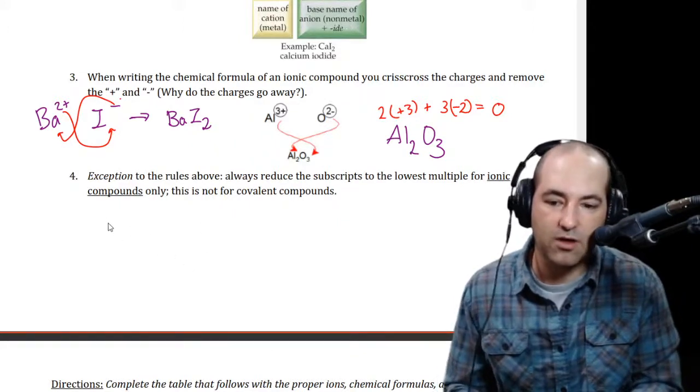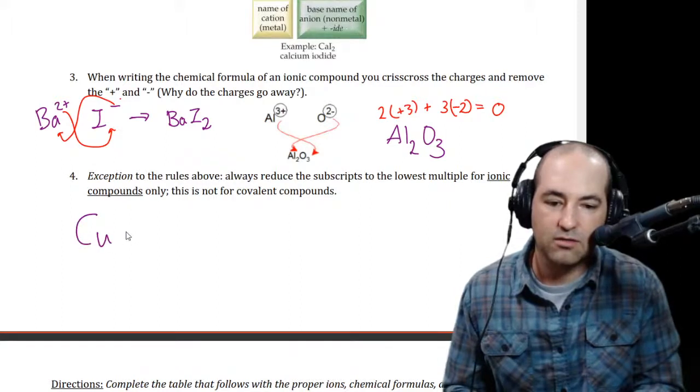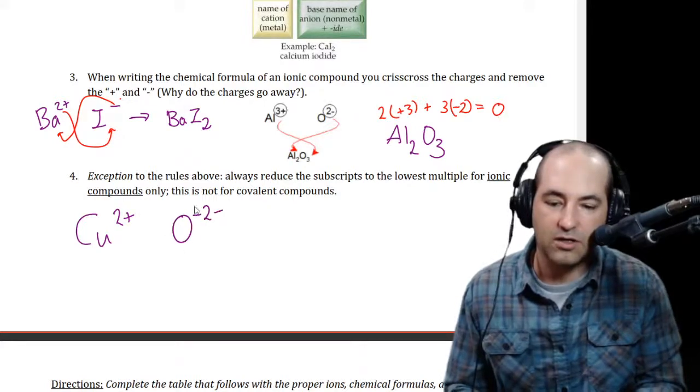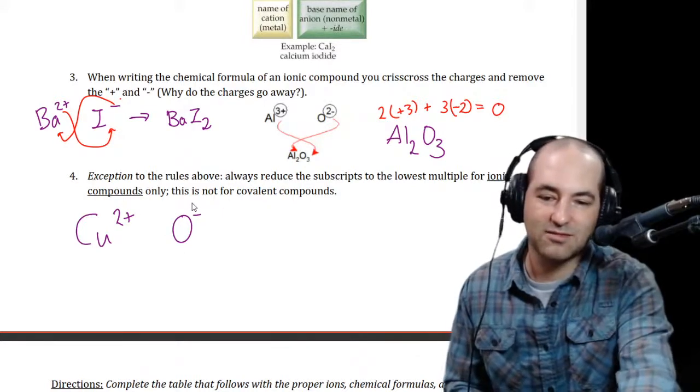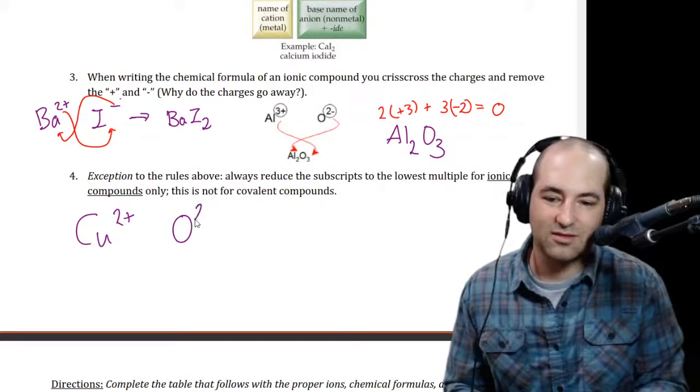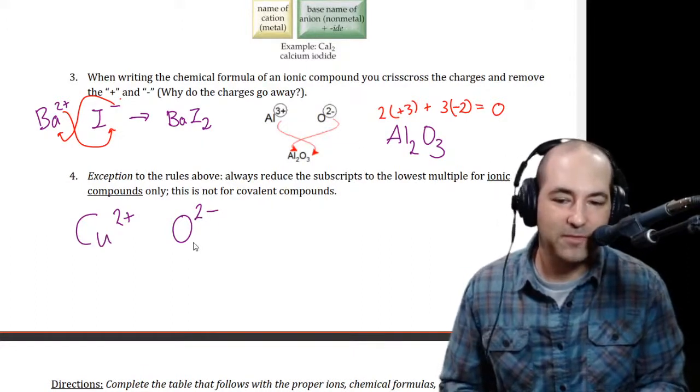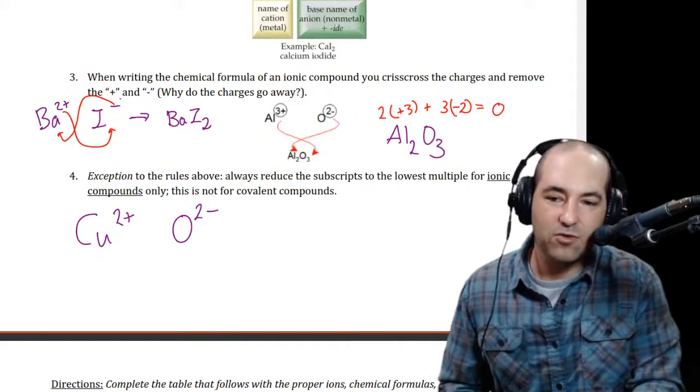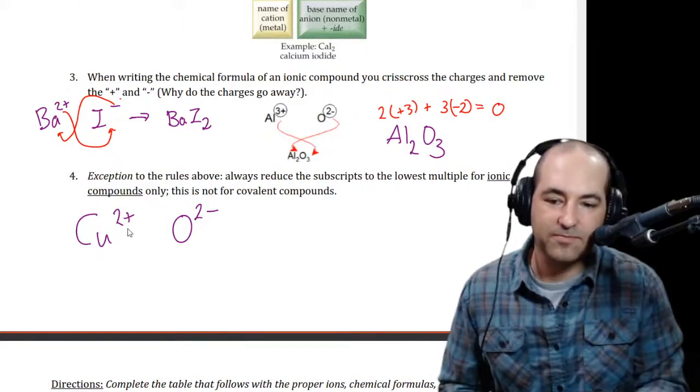So for example, if we had an ion copper +2 and oxygen -2. If you're really set on this crisscross method, that would mean that you put the 2 here and the other 2 there.